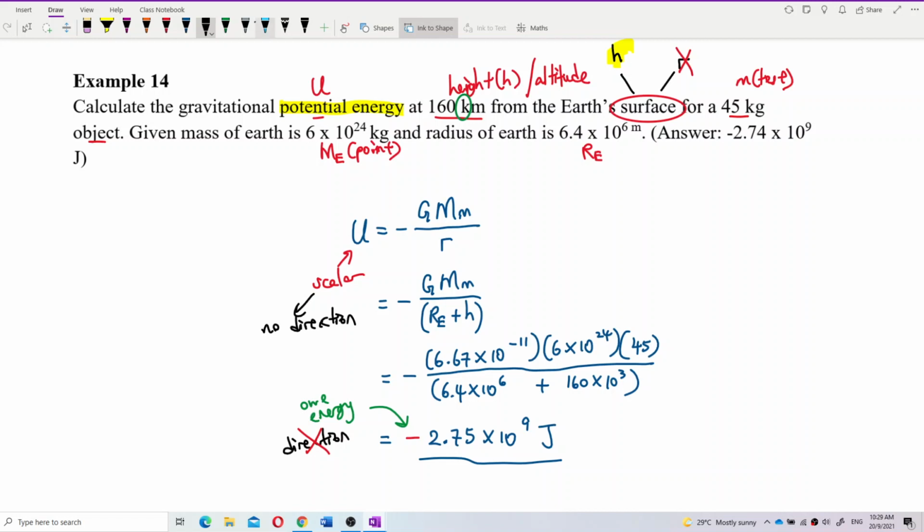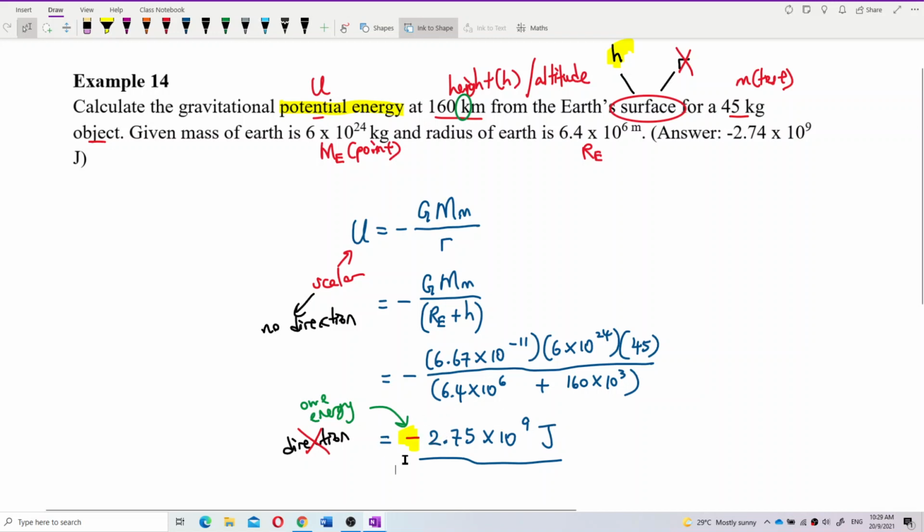This negative sign is about you owe potential energy to the Earth.